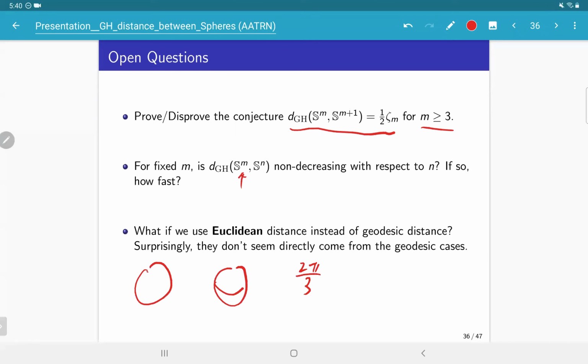And not only that, we were able to prove that the distance between S1 and the upper hemisphere of S2 is also 2 pi over 3. And what is 2 pi over 3?